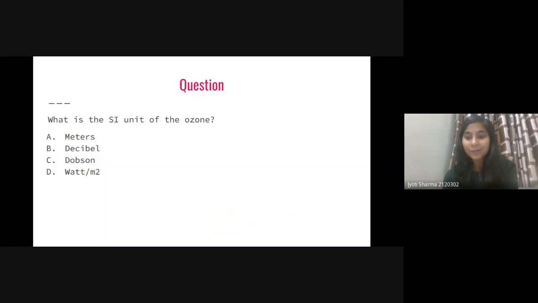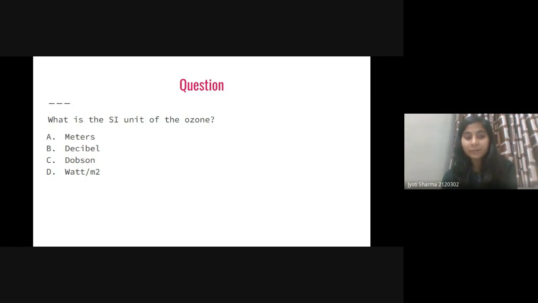This is a very simple question. How do we measure this ozone? If there is an ozone hole, how did we get to know that there is a hole? Because we measured. So how did we measure this? What is the SI unit of ozone?